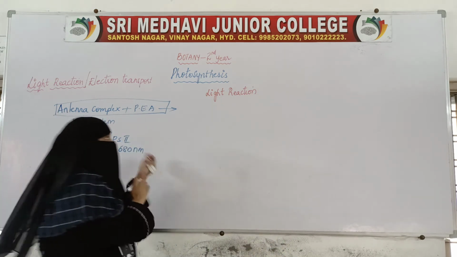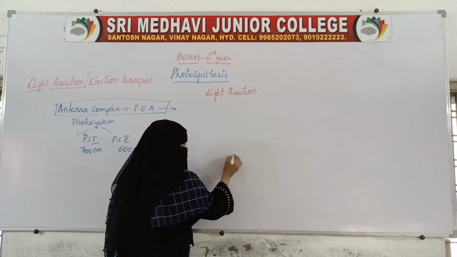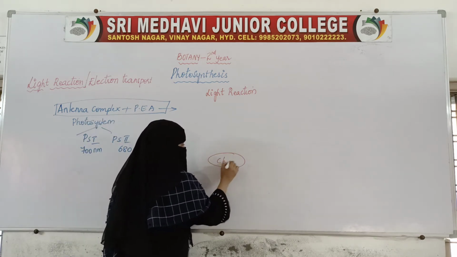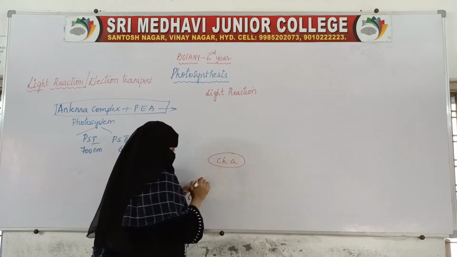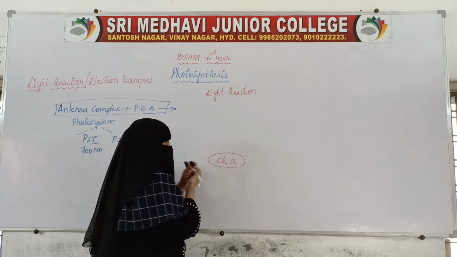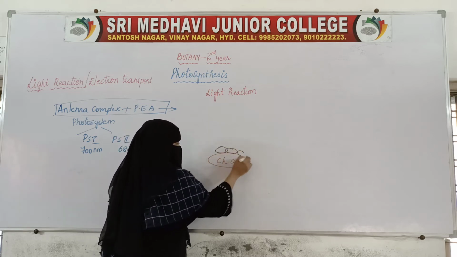So here we have photosystems present, that is photosystem with chlorophyll A, and the light harvesting complexes.